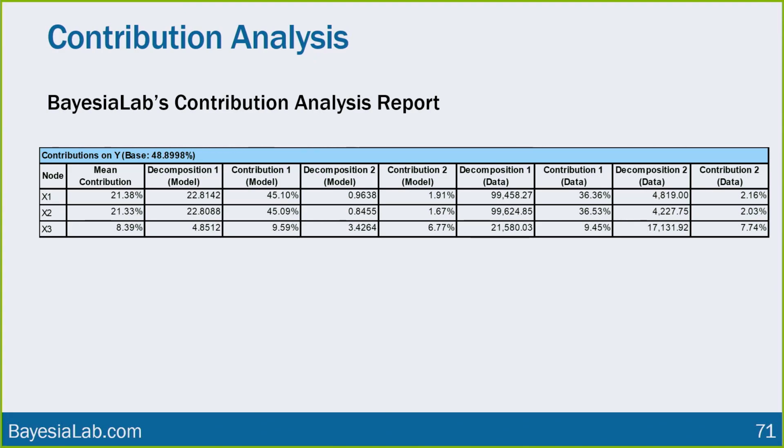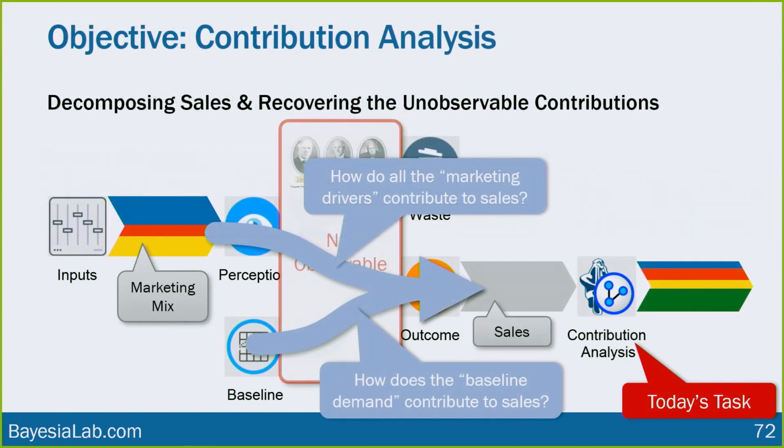And the baseline value of Y is 48% of its average value. So this answers the question of looking back.